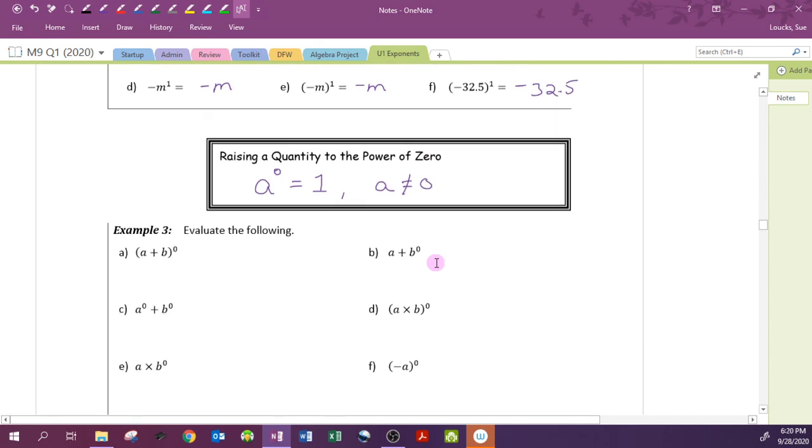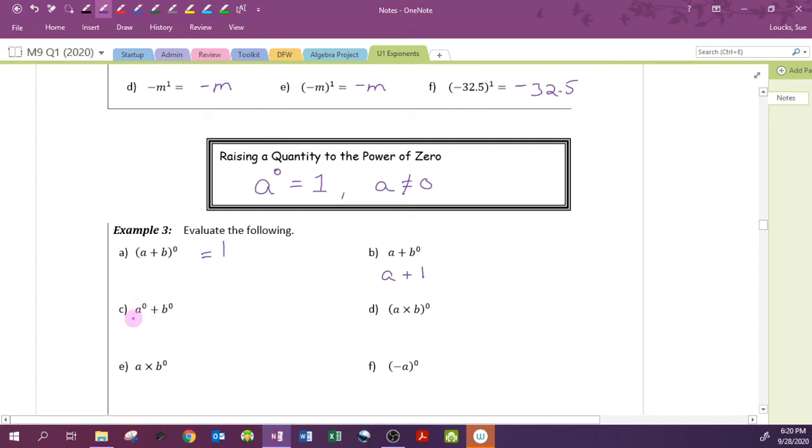Okay, evaluate the following. So, well, I don't know what a plus b is, but whatever it is, if I put it to the power of 0, it equals 1. And this one, well, the a isn't changing, and the b to the 0, whatever b is, becomes 1. So this is a plus 1.